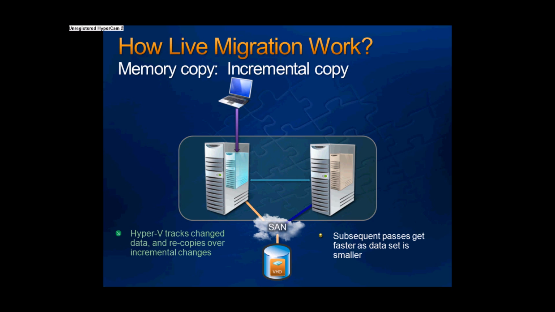Once the initial memory copy has been completed, the Hyper-V host will start to look into the dirty memory pages. At this moment, the dirty memory pages will be copied from the first node to the second node, and the data of the changes is much smaller.